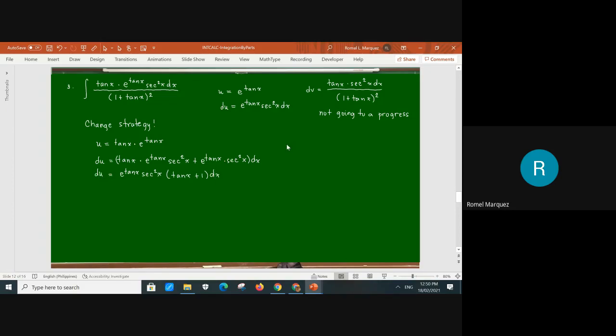What about dv? This time, again, I'm going to cross this out. This will not work, no? So it means we tried another possibility. So secant squared x dx over 1 plus tangent x quantity squared.